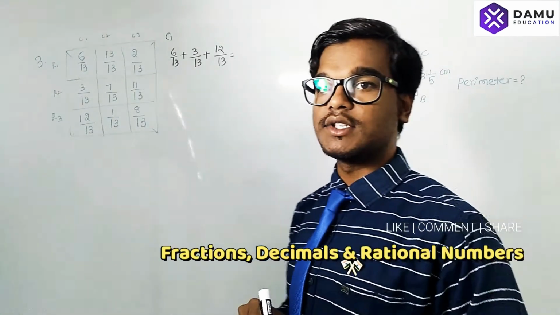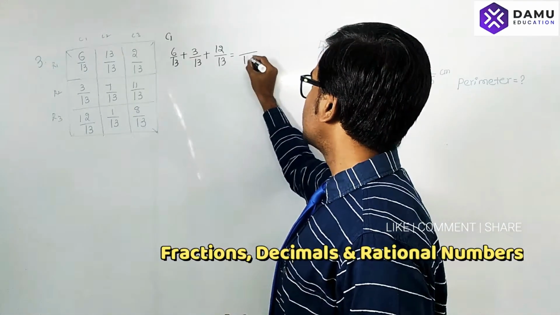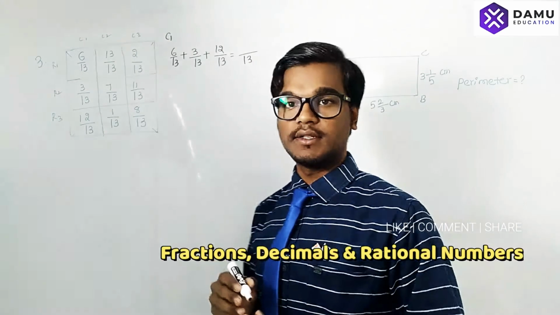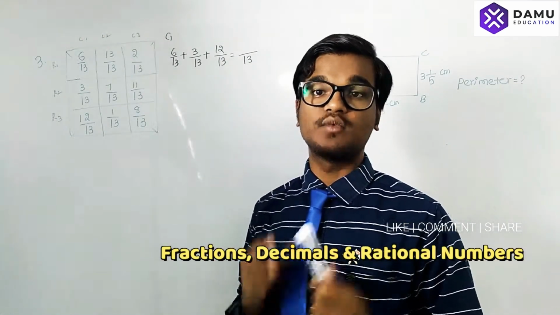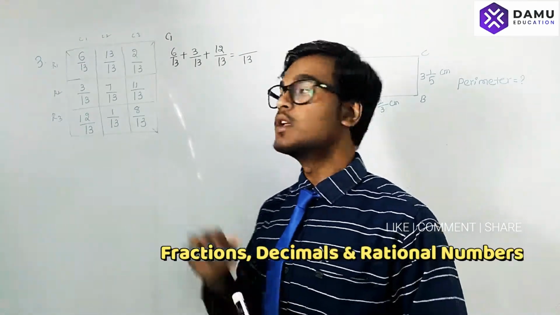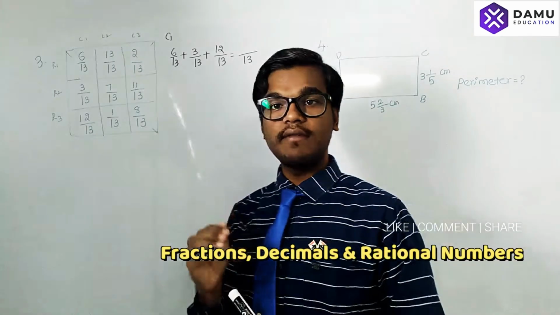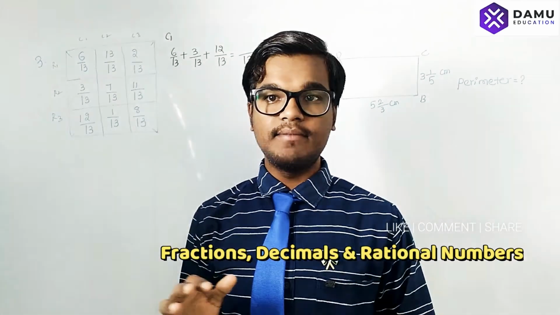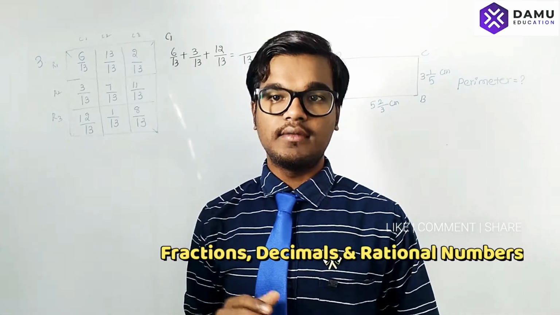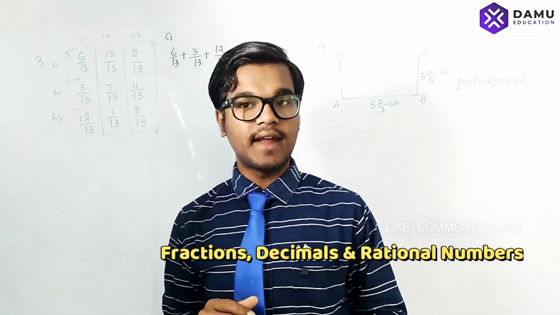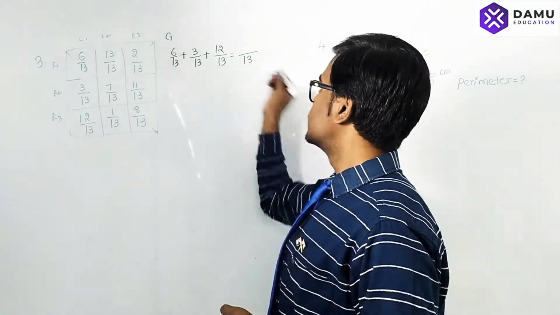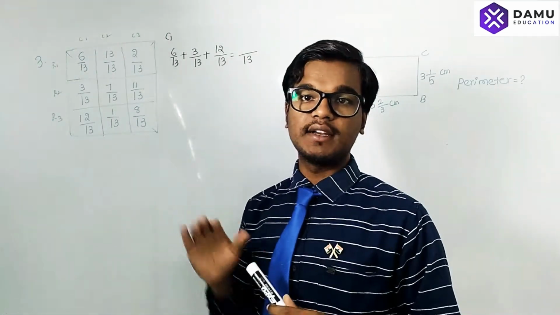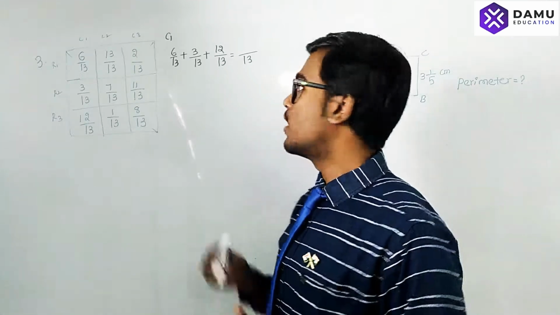We write 13 below and add all the numerators. These are all like fractions. Like fractions means the denominator value is the same in all the given fractions, so we can directly add the numerator values.